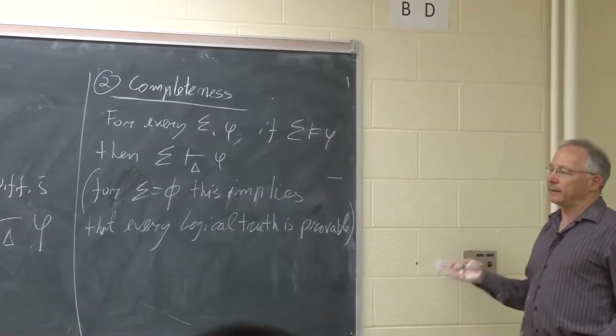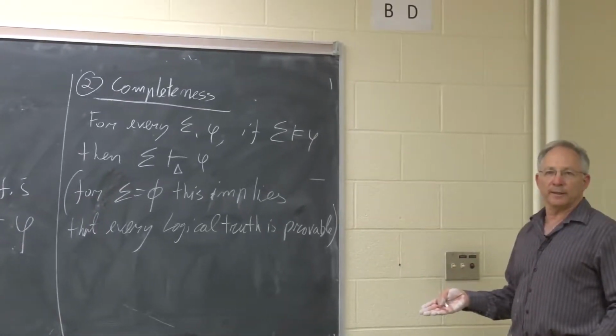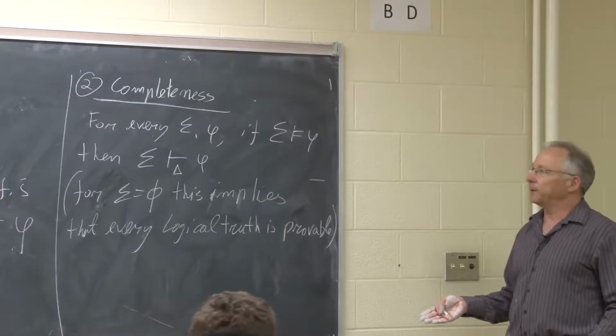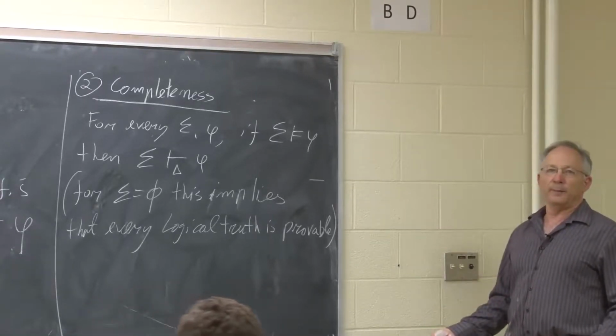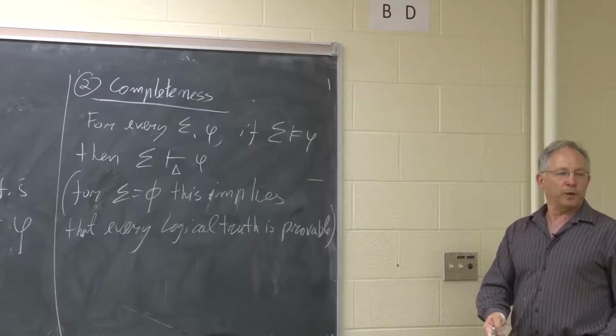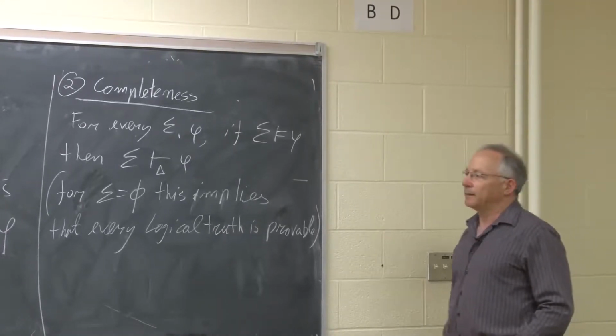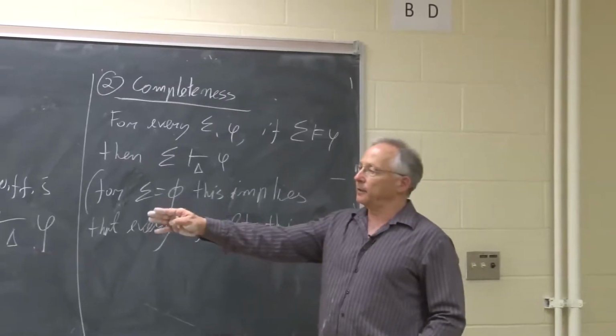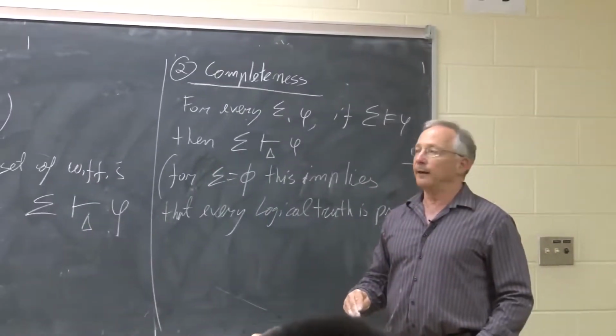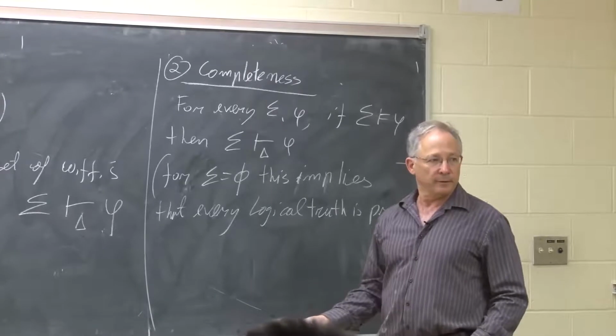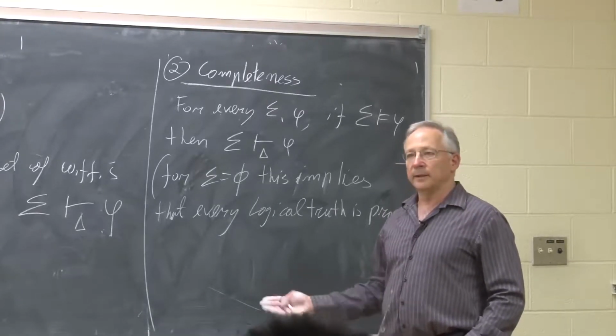So, I mean, we've seen exactly those properties in propositional logic. There's nothing new here, except that when I say here sigma, I mean a set of formulas in first-order logic. When I say logically implies, I mean every structure that satisfies this, instead of meaning every truth assignment. But other than that, it's the same thing.